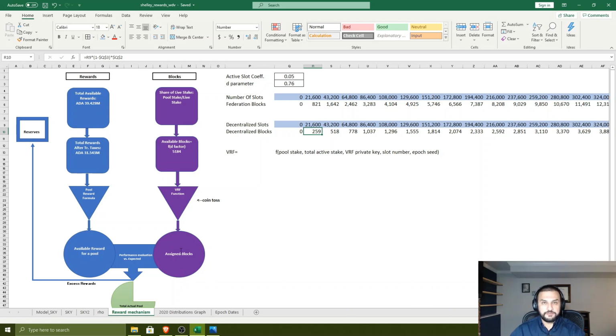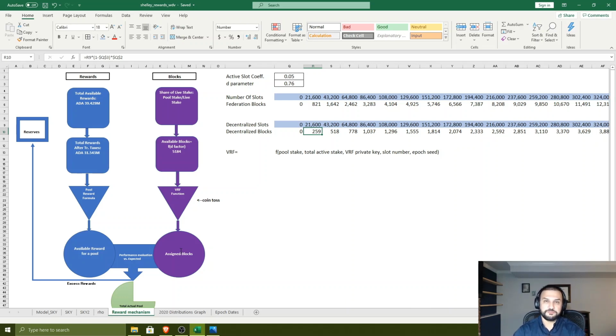And if the pool produces all its blocks and those blocks are over and above or equal to its expected blocks, then it gets its share of rewards that are 100% or more.